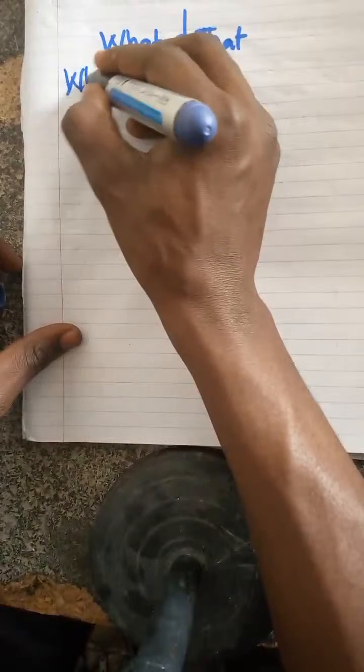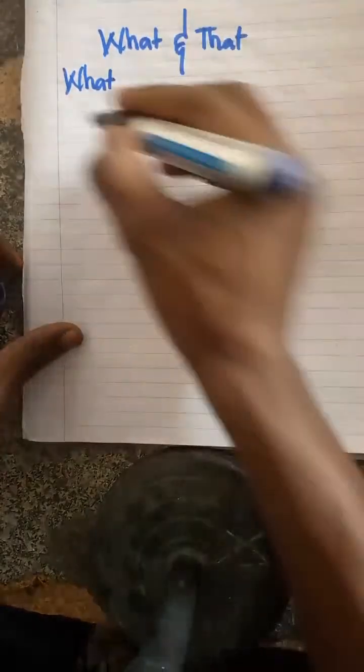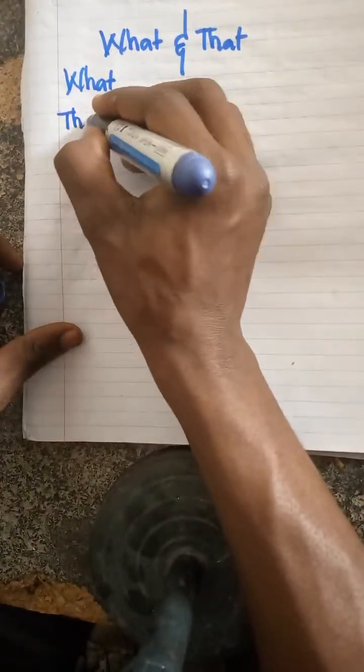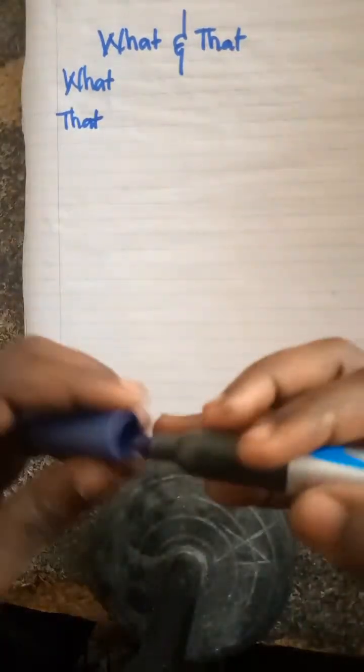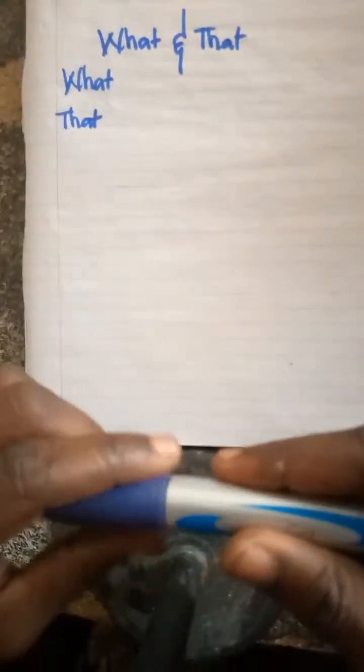So the first key thing that you must understand is this. We have two words here: what and that. It is very important that you understand how we use these words and what they require in order to be rewritten.